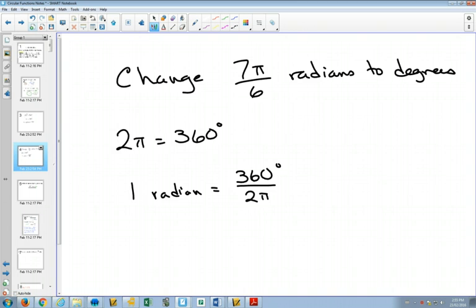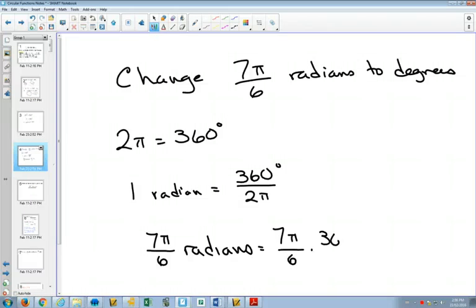And then from that, if I multiply both sides by 7 pi over 6, I'll get that 7 pi over 6 radians is equal to 7 pi over 6 times 360 divided by 2 pi degrees.